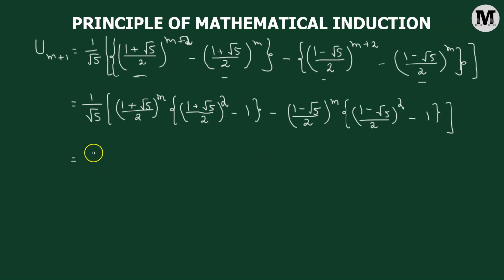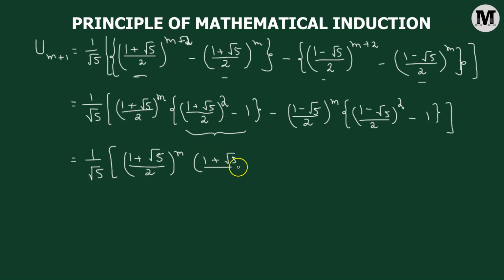So we have 1 over square root of 5 multiplied by (1 plus square root of 5 divided by 2) whole raised to the power of m. Now, when we simplify this, it gives us 1 plus square root of 5 divided by 2. You can verify that. Minus, we have (1 minus square root of 5 over 2) whole raised to the power of m, and when we simplify this, that gives us 1 minus square root of 5 divided by 2.